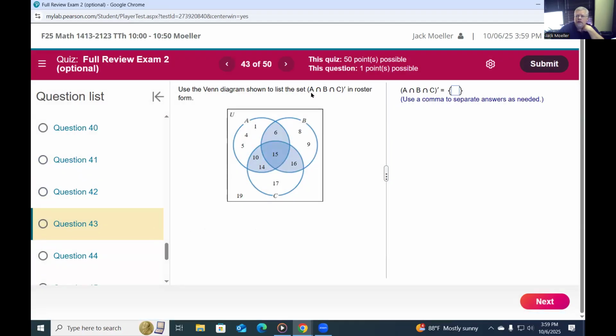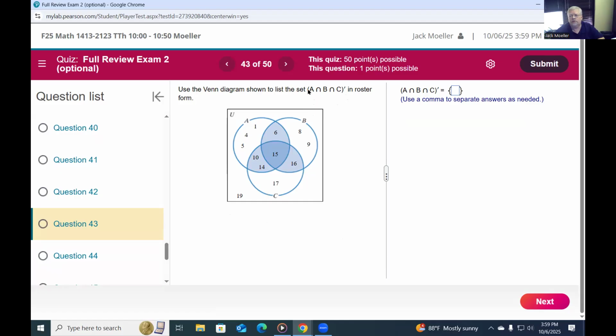Okay, so now we have A intersection B intersection C complement. So same thing we did with 2 sets, only we're probably not going to get as messy with the 3-set Venn diagrams as we could. We'll do more of the messier set operations with two sets. But let's see. So what do you do first? Okay.